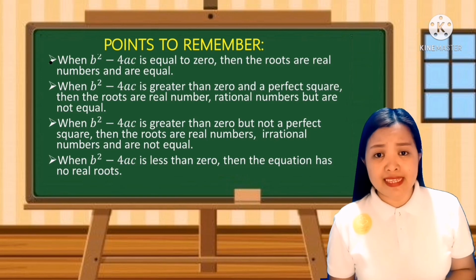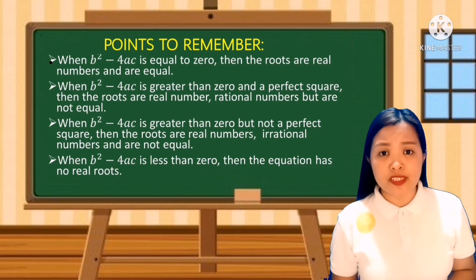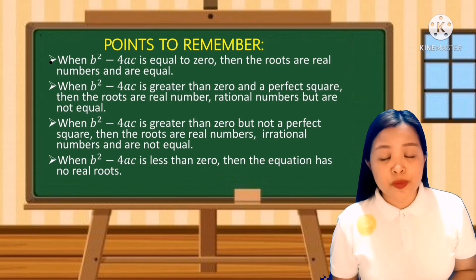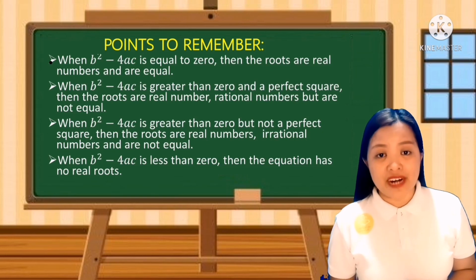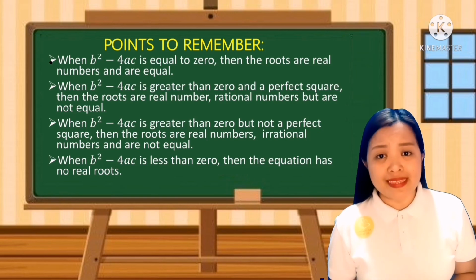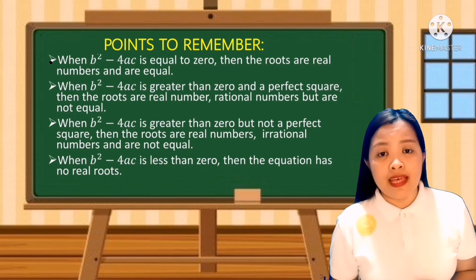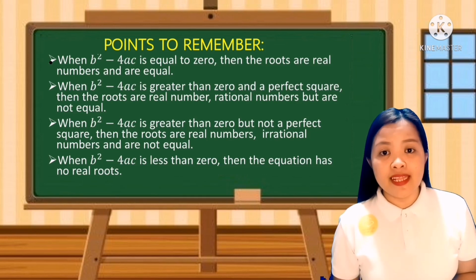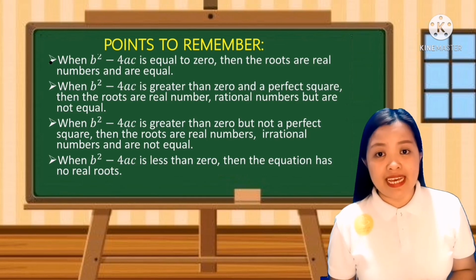When the discriminant is greater than 0 and a perfect square, the roots are real, rational, and unequal. When the discriminant is greater than 0 but not a perfect square, the roots are real, irrational, and unequal.